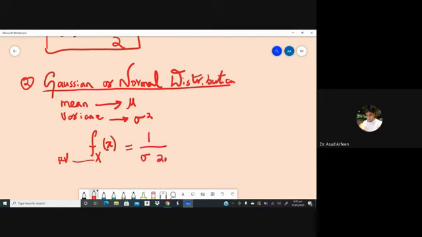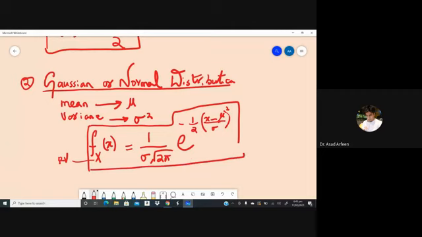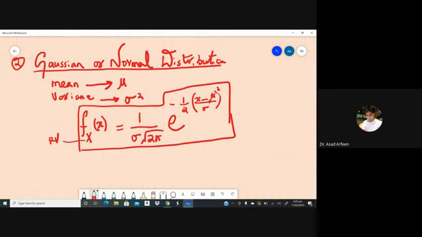The density function is quite interesting. The density function of a random variable, we denote x as a subscript. It equals 1 over sigma root 2 pi, and then e to the power minus 1 by 2 times (x minus mu) divided by sigma, whole square. This is what we call the probability density function, and we write this as N(mu, sigma square) for the random variable x.